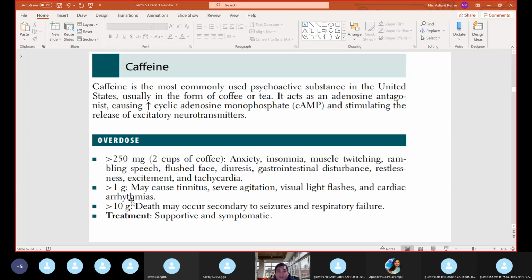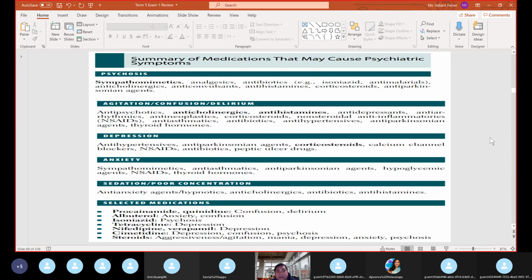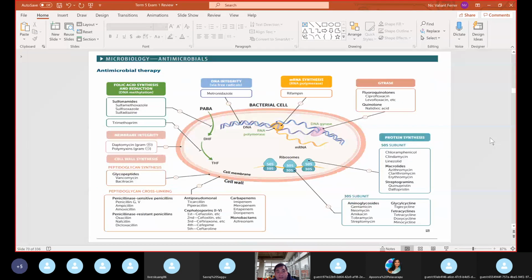If it's 10 grams, death may occur, secondary to seizures and respiratory failure. Treatment is supportive and symptomatic. With withdrawal, headache, of course, is there. It usually resolves within 1.5 weeks. This is just a summary of medications that may cause psychiatric symptoms.